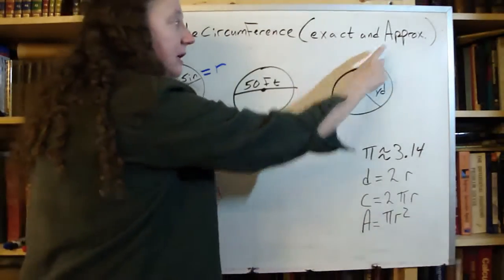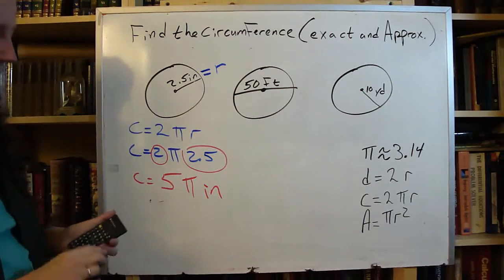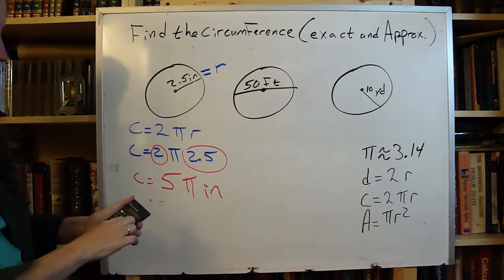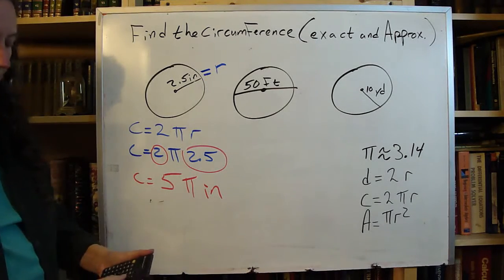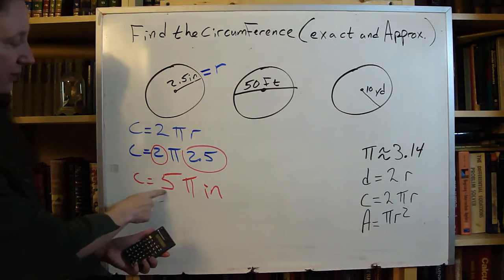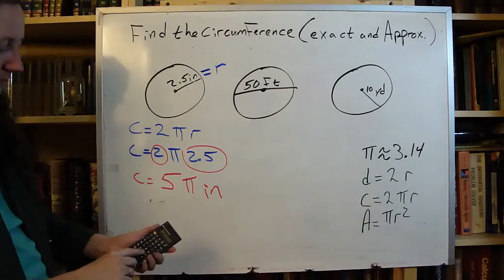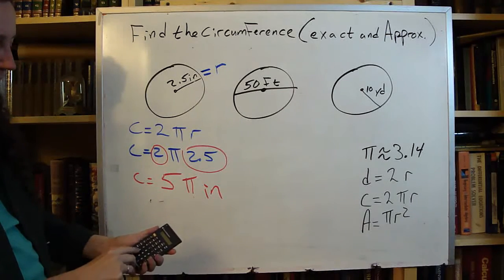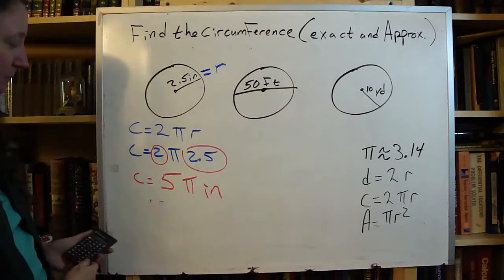Finding the approximate answer, you need your calculator for this one, or it's going to take a while. You turn on your calculator. I'm going to take 5 times 3.14 equals, and it's giving me 15.7.